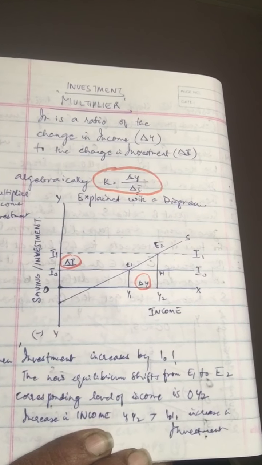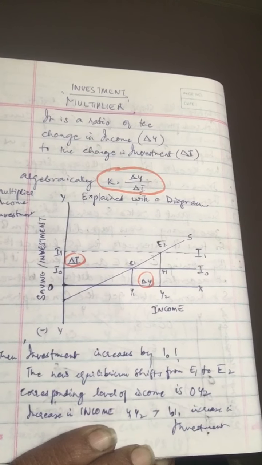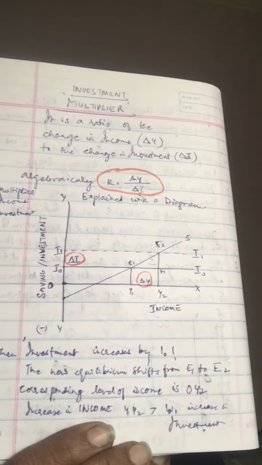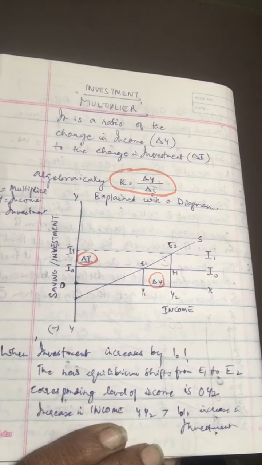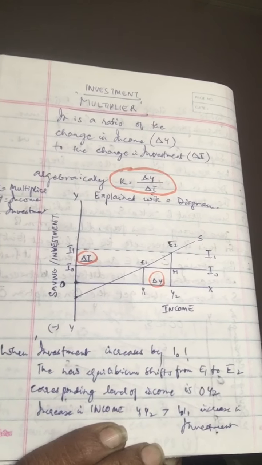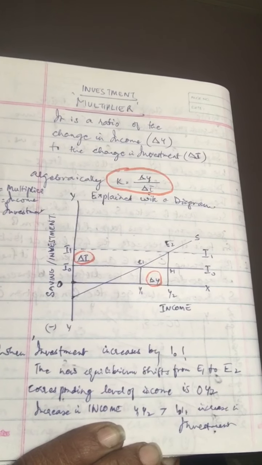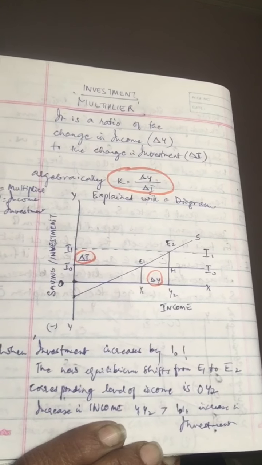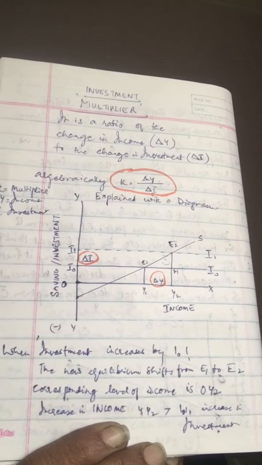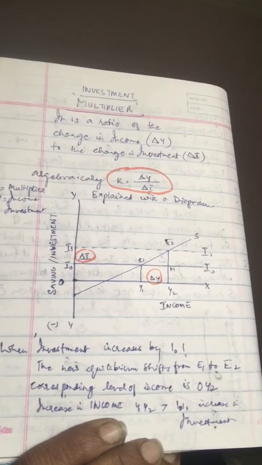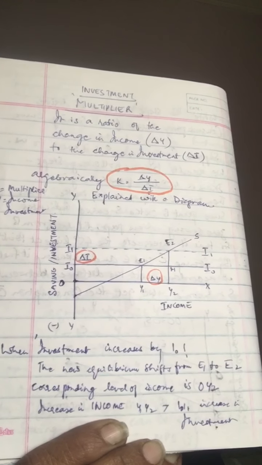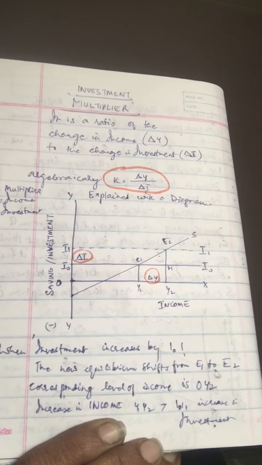You also see it cutting the x-axis where there is zero savings. And then you see E1, where the equilibrium income is determined in the economy, where the saving and investment curves meet. So at the initial level it is E1, and Y1 is the income determined.